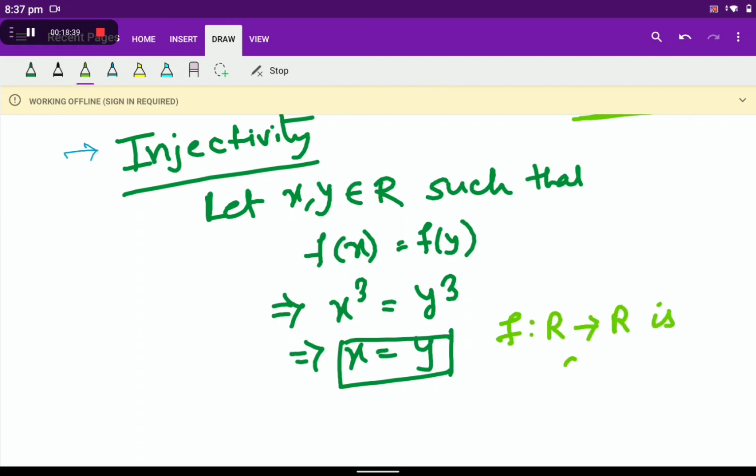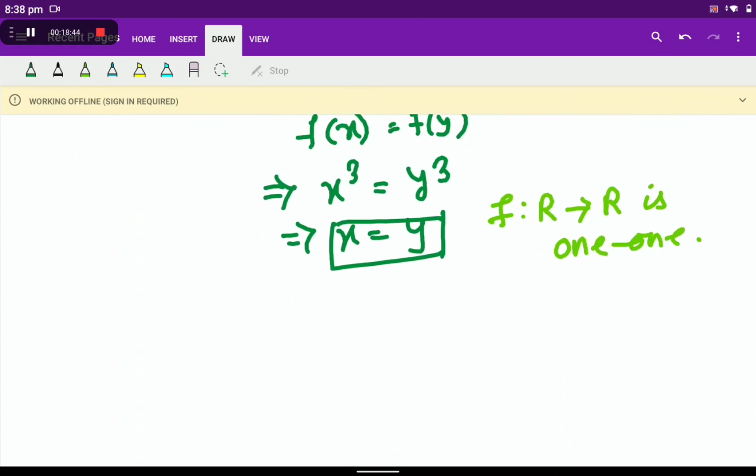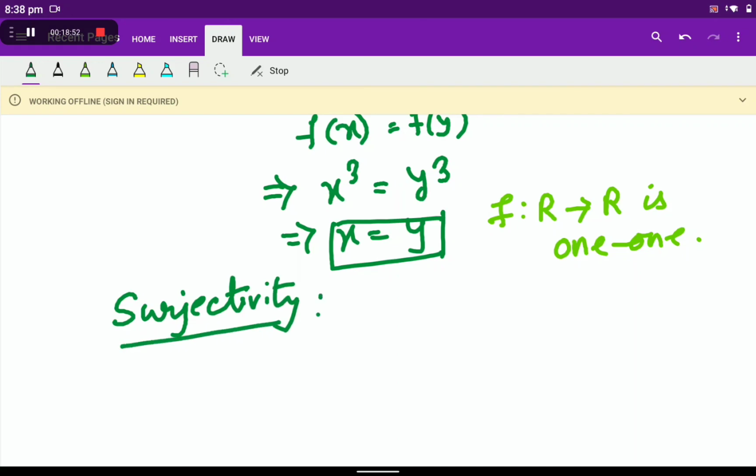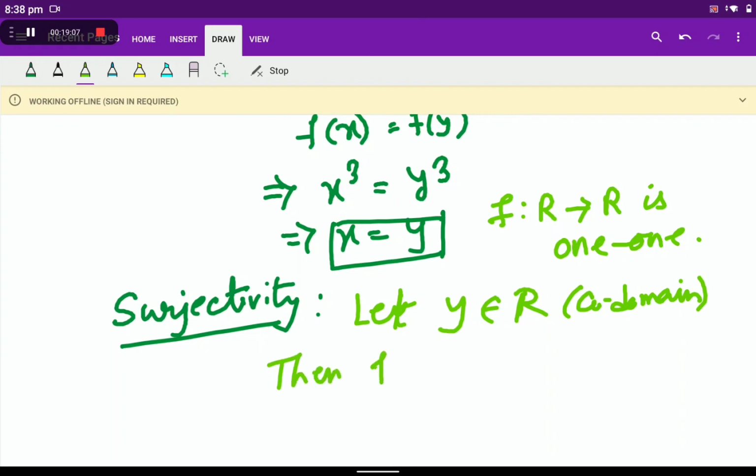Okay, now what about surjectivity? Let's see. Let y belong to R, that is the codomain. Then f of x equals y implies that x cube equals y, that is x equals y to the power 1 by 3.